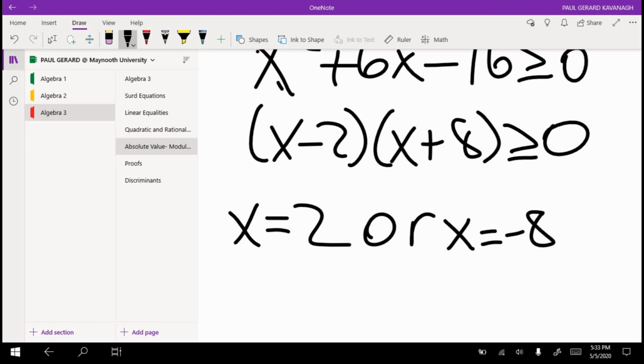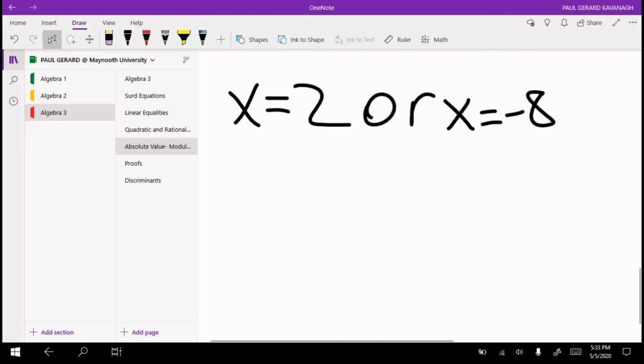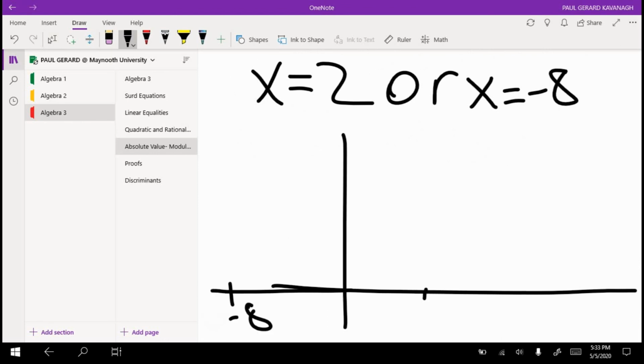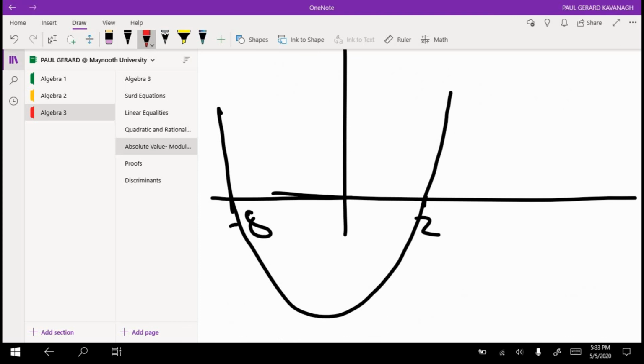And that means that this is where our inequalities are going to lie. So if you sketched it, I'll show you here. Let's say you have minus 8 here and you have 2 here. Now you just draw that. So what we're going to say is this area here that I'm writing in red basically represents the units away that we were asked originally.